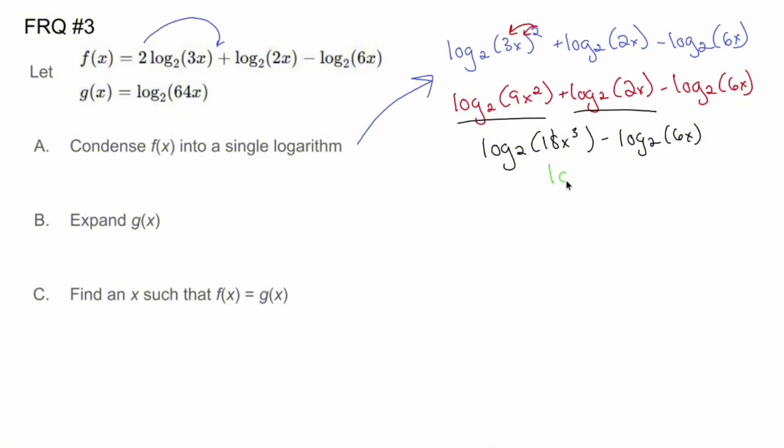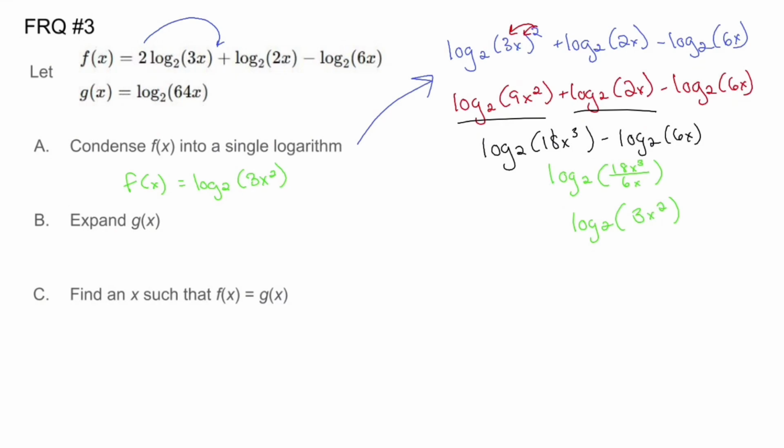So you become log base 2 of 18x cubed over 6x. And that's going to simplify: 18 over 6 is 3, x cubed over x is x squared. So f of x, written as a single logarithm, is going to be log base 2 of 3x squared.